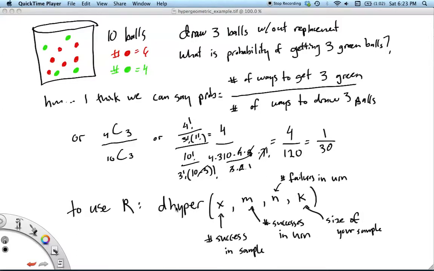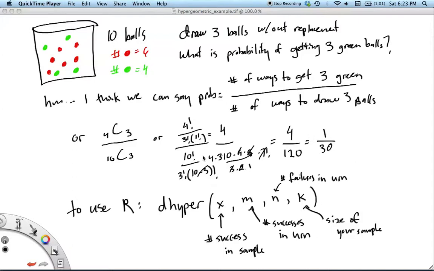So in this case, I'm just asking for the density, or I guess the mass associated with drawing these 3 balls, because you could also imagine you could have asked what would be the probability of getting 2 green balls, 1 green ball, 0 green balls. So the sample space for this distribution is fairly small and finite, but I'm only looking at one such sample point here.